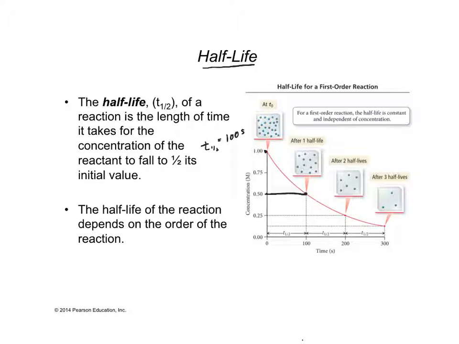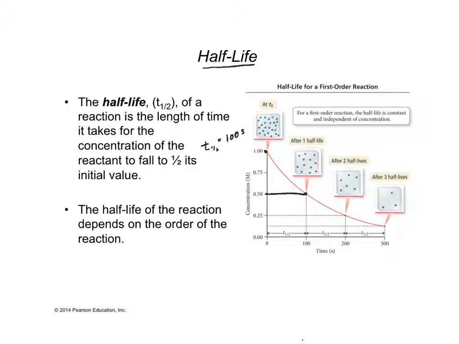All right, so the half-life expression, which is what we're going to get out of this, can be derived from the integrated rate laws. I'm not going to go into the derivation of all of them, but you should note that this half-life expression is going to depend on a couple of things.